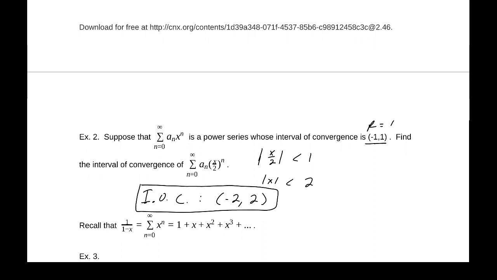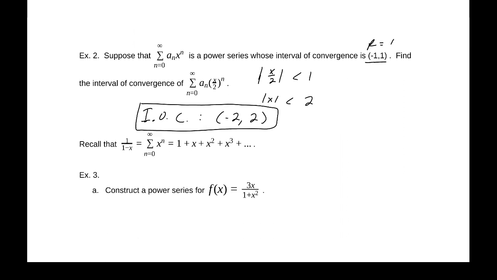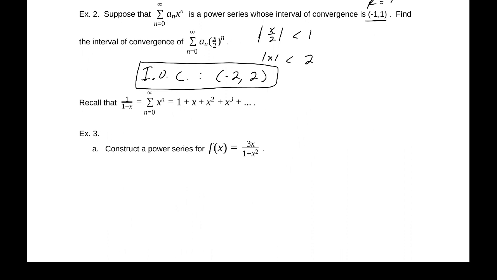For our next example, we want to recall that 1 over 1 minus x and the sum of x to the n from 0 to infinity are identical functions. That is going to help us on this next one, because we want to construct a power series for f of x equals 3x over 1 plus x squared. So let's see if we can write it in the form 1 over 1 minus x.